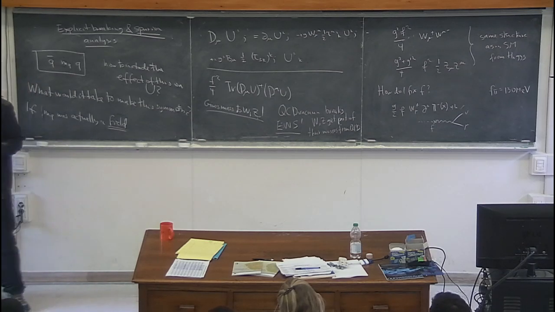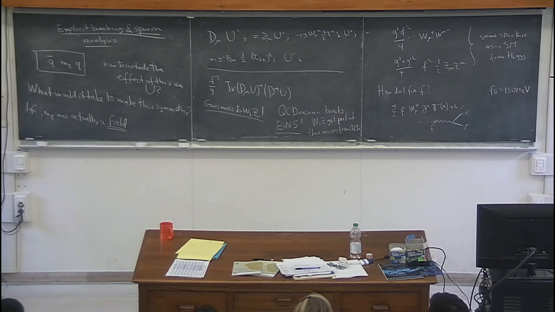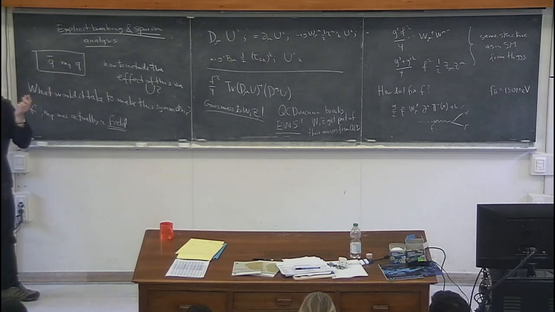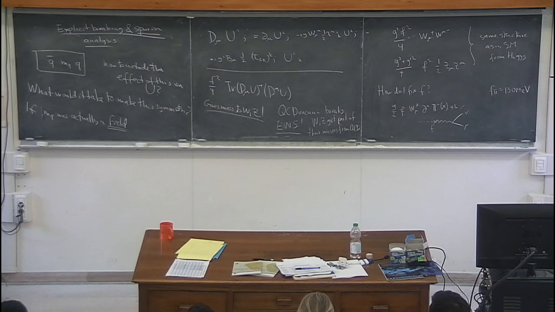I can also imagine that it's a very heavy field, so that the excitations of that field are not going to show up in my low energy effective Lagrangian because they are integrated out. The only thing that will remain in my low energy effective Lagrangian is the VEV of that field.